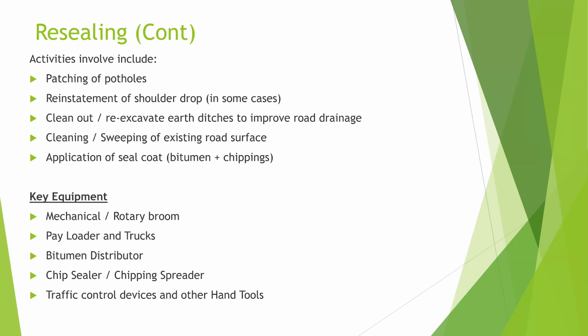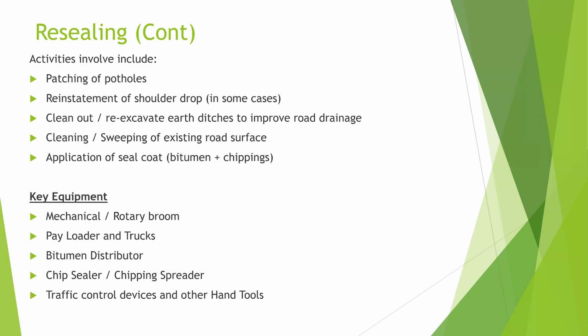Now, for the key equipment that you deploy to undertake this activity, you have the mechanical broom or the rotary broom. Hitherto, we used to have those manual hand brooms, and you would see a lot of men sweeping the road.